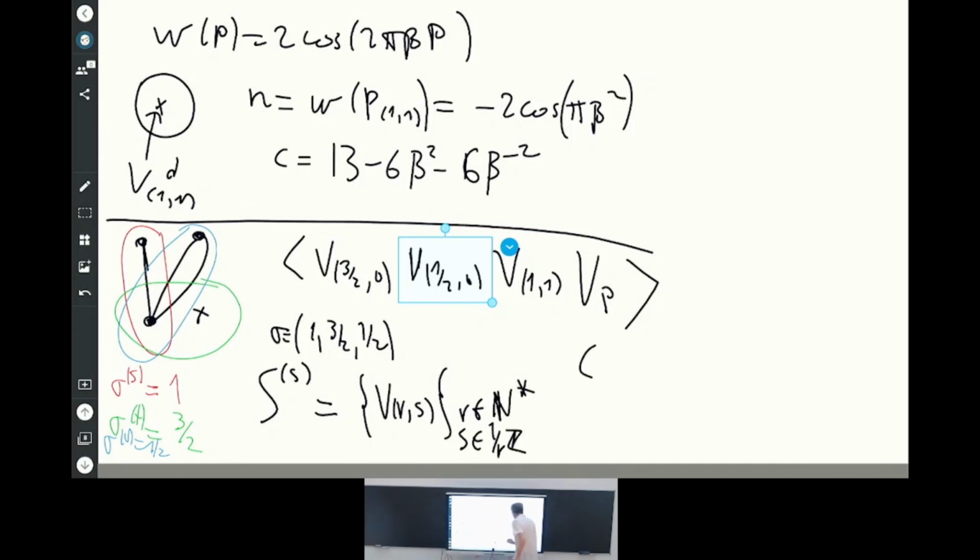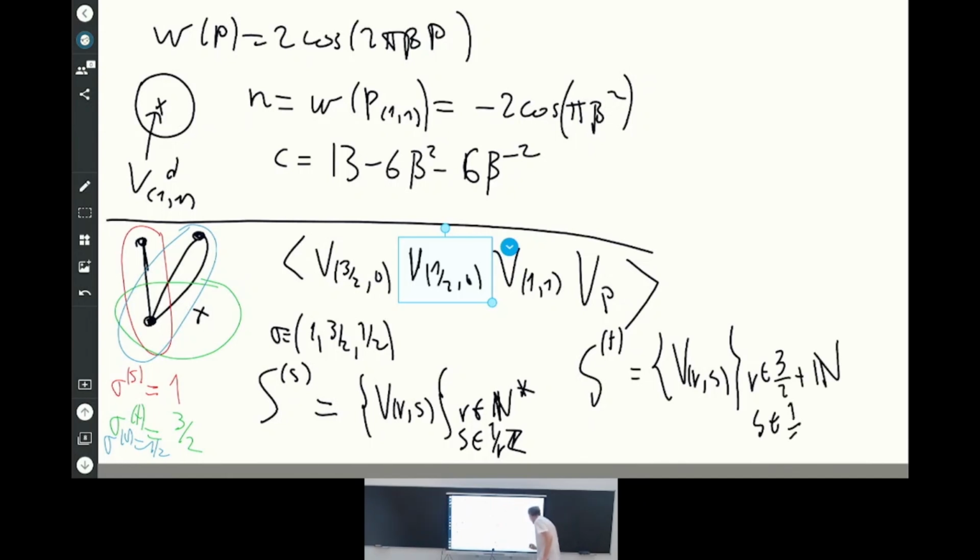In the T channel, the spectrum would be V_RS with R belonging now to 3/2 plus an integer. And U channel, you can guess.